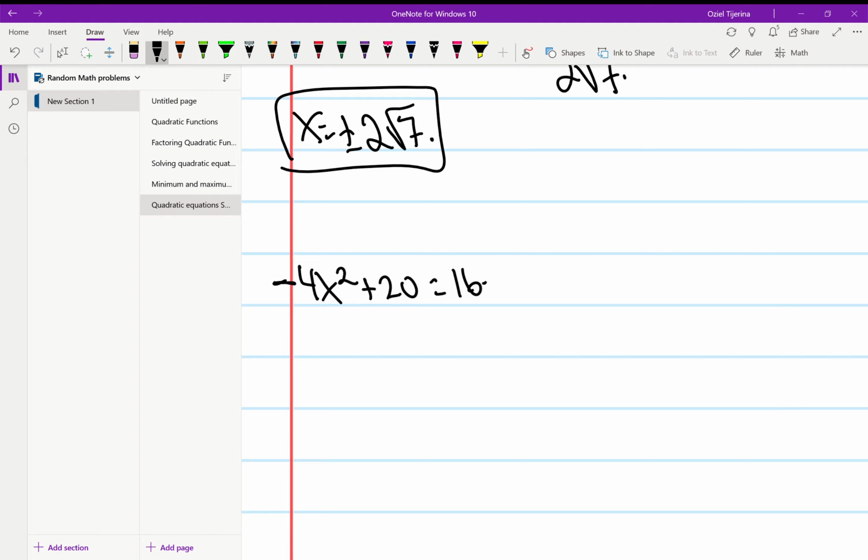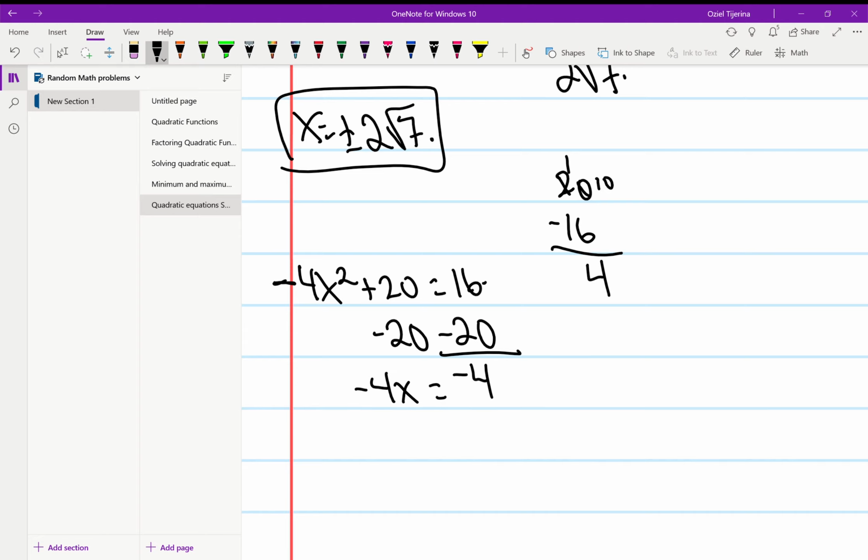So this one is going to give us, we have minus 20 on both sides, so this is going to be negative 20, so it's going to be 20 minus 16, and then we have negative 4 is equal to negative 4x squared.